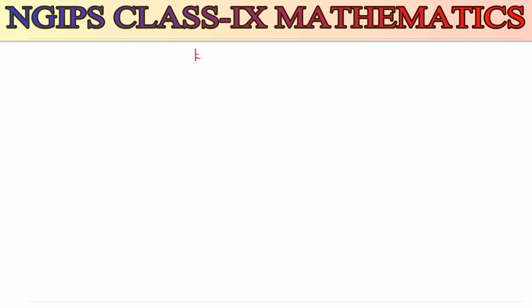Exercise 4e. Okay, the first one we need to simplify. The question they have given is (x + 6)(x + 4)(x − 2).